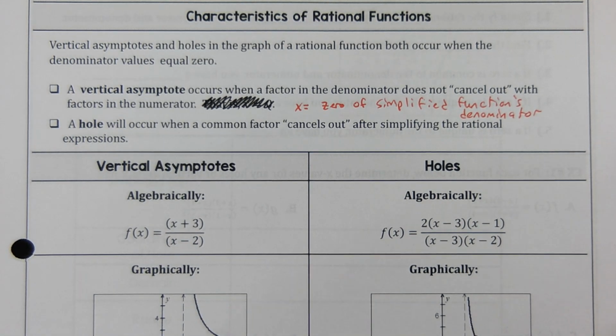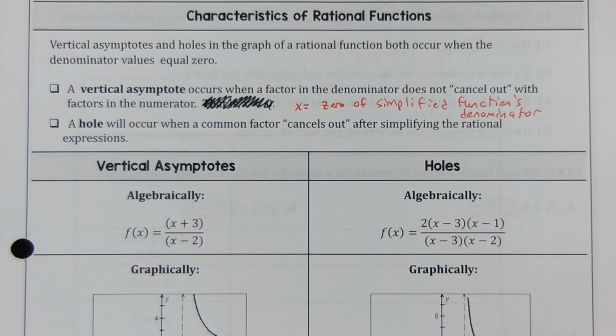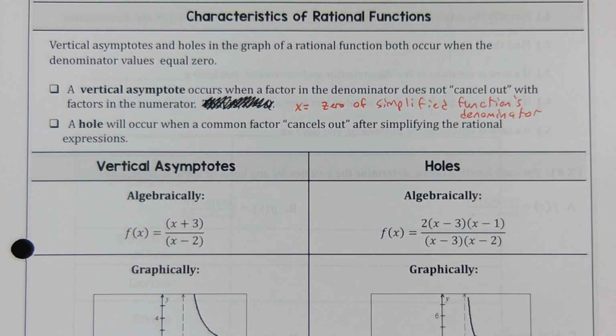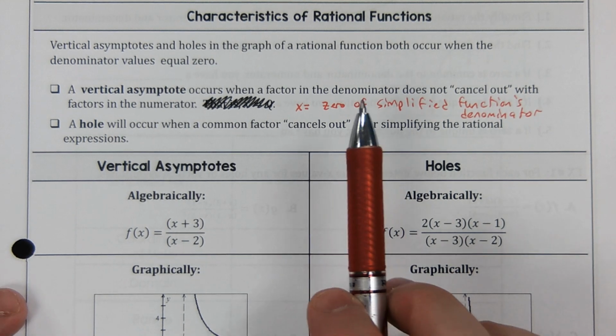All right. So then what identifies something as a hole in the graph? Well, if it would have made the denominator equal 0 in the original setup, but through the magic of canceling, it no longer makes the denominator equal 0, that is a hole in the graph. Basically, if it canceled out.